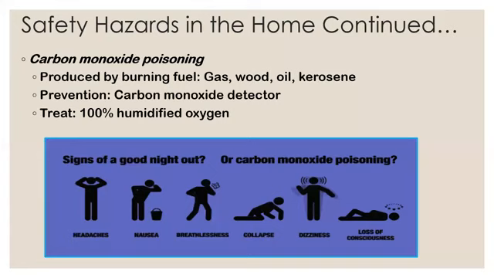Carbon monoxide poisoning. So carbon monoxide is a colorless, tasteless, odorless, toxic gas. Exposure can cause headaches, weakness, nausea, vomiting. Prolonged exposure leads to things like seizures, dysrhythmias, unconsciousness, brain damage, and it can kill you in a short time.